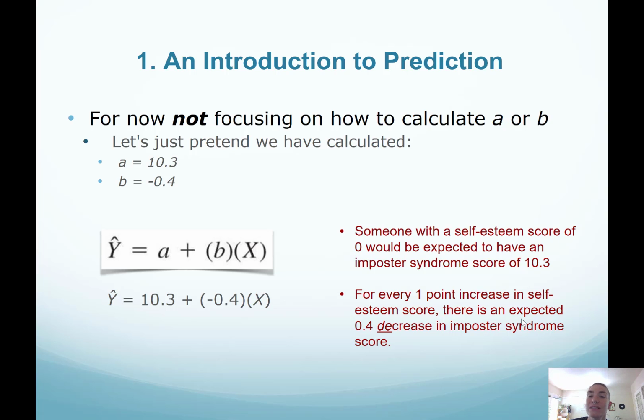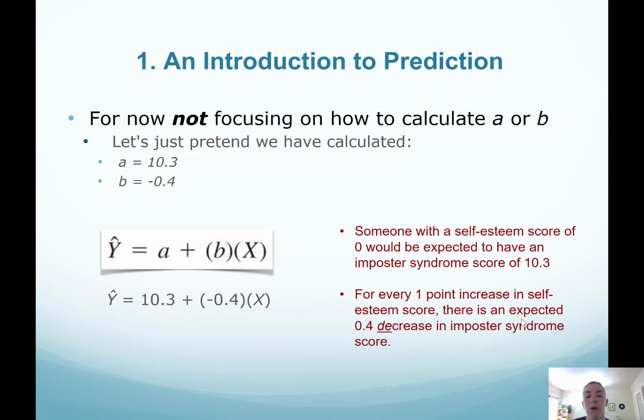And what this tells us right away, just by looking at our prediction rule, is that someone with a self-esteem score of 0 would be expected to have an imposter syndrome score of 10.3. Remember that imposter syndrome scores can go up to 12. So someone with no self-esteem would be likely to have really high imposter syndrome. That makes sense.